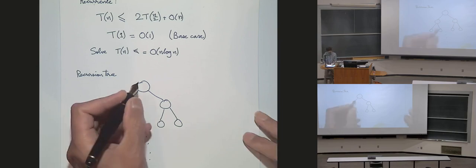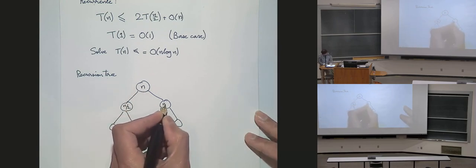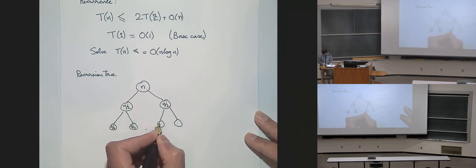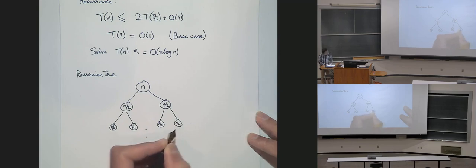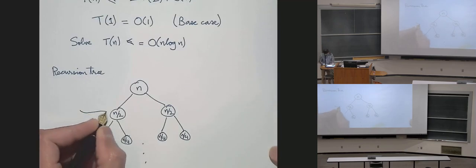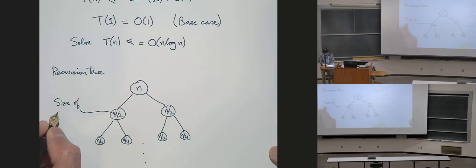So here it's n, this is n over 2, this is n over 4. So this is the size of the input for the call.